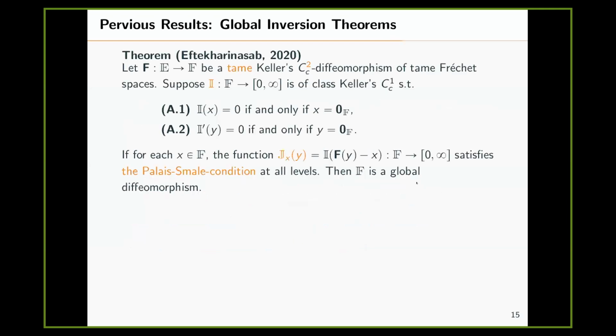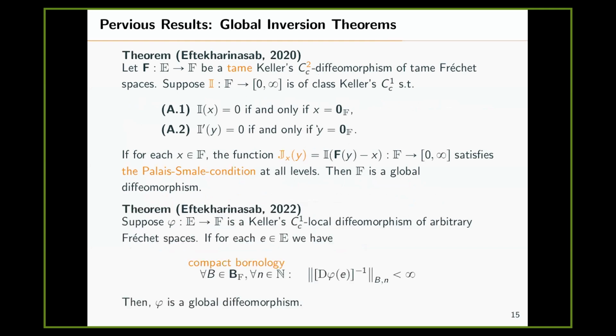Well, there are various results by myself, some years ago, the same results but with other conditions. The first one also used the method of critical point theory, but we don't consider arbitrary spaces, because we apply the inverse function theorem of Nash and Moser, which requires the function to be tame and at least of class C2.